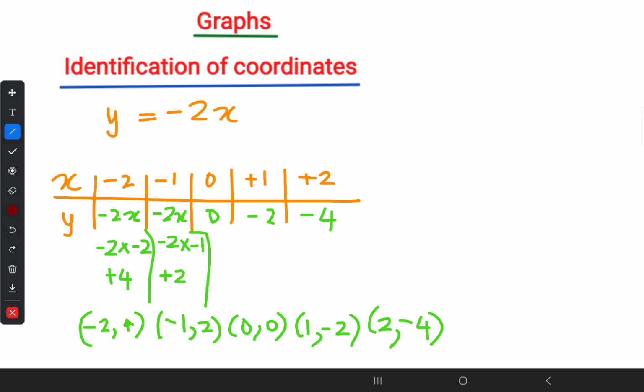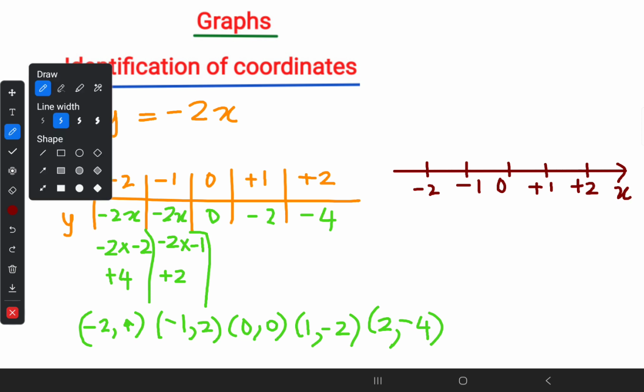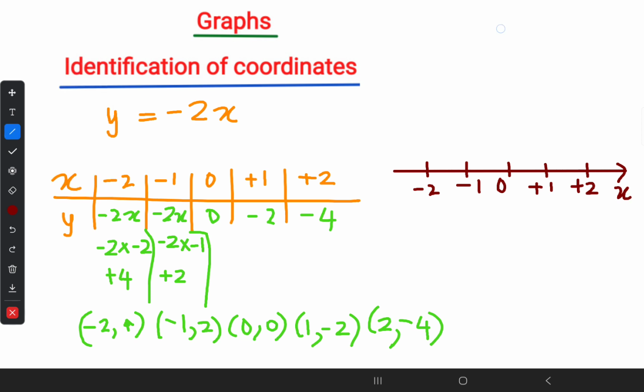Then execution. X-axis -2 to +2: -2, -1, 0, +1, and +2. This would be our x-axis. And next one is the y-axis.